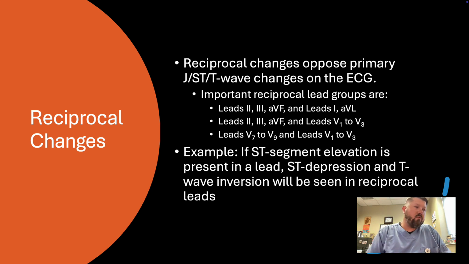This is one of the ways that we could tell a posterior MI, even though we don't have V7, 8, and 9, because we may see ST depression or even a very tall R wave in V1 or V2, which could indicate ST elevation or a Q wave in your posterior leads.